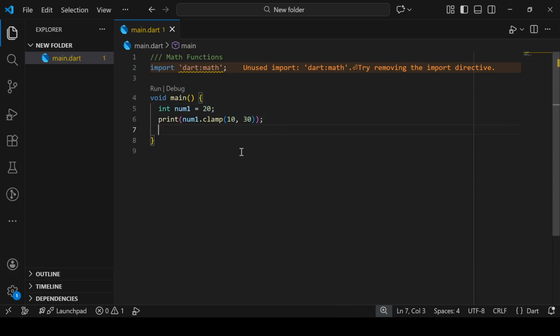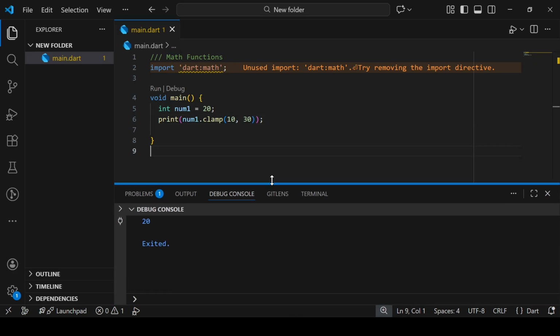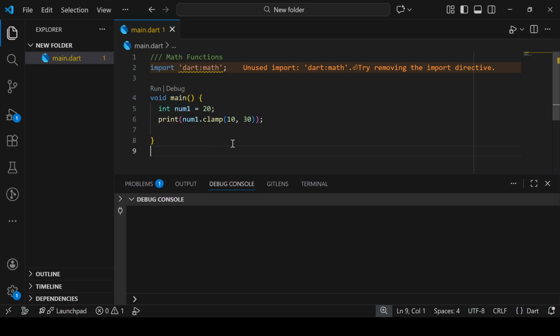Here the situation is this number is greater than the lower limit and less than the higher limit, so it printed 20, because x is not less than the lower limit, and also it is not higher than the upper limit.